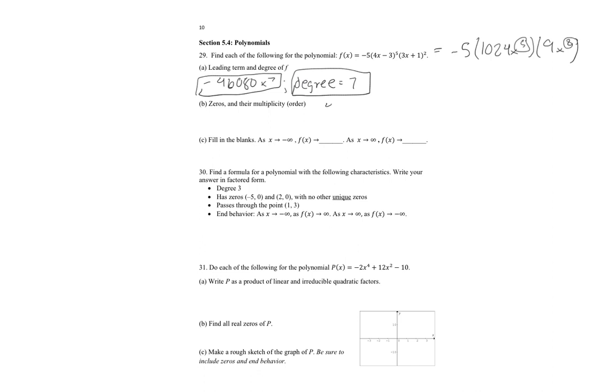We have 4x minus 3 is equal to 0. So if we solve our first equation, that'll be x is equal to 3/4. So here's one of our zeros. And we'll have a certain multiplicity. And then we'll also have 3x plus 1 is equal to 0, or x is equal to negative 1/3.